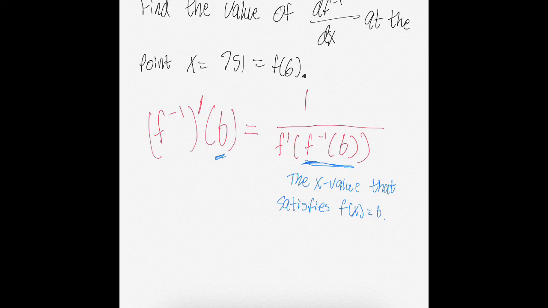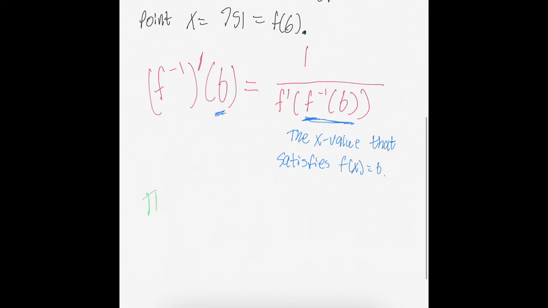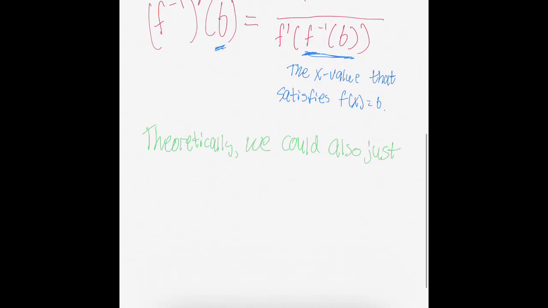So theoretically, we could go through if we wanted to, and I'll write this down, but generally I think this is going to be more work. But I'll go ahead and note that we could do this theoretically, and sometimes this is plenty easy. We could also just compute f inverse and then take the derivative as we normally would.